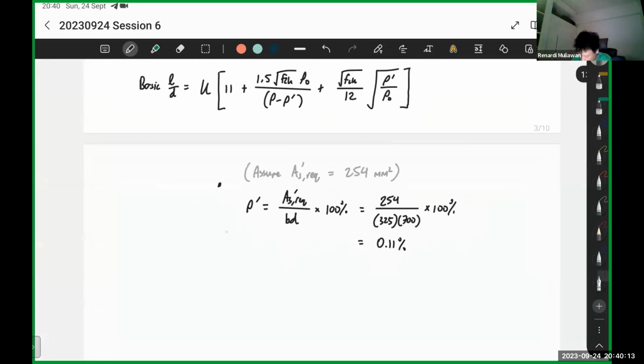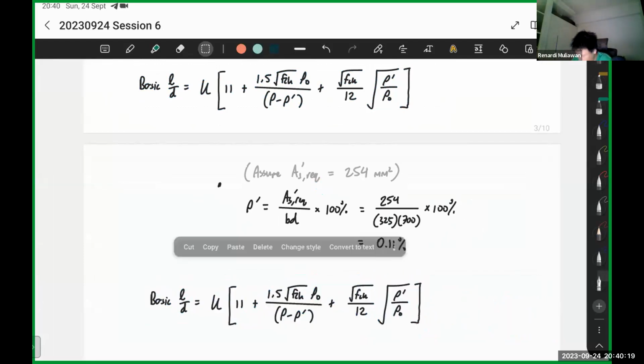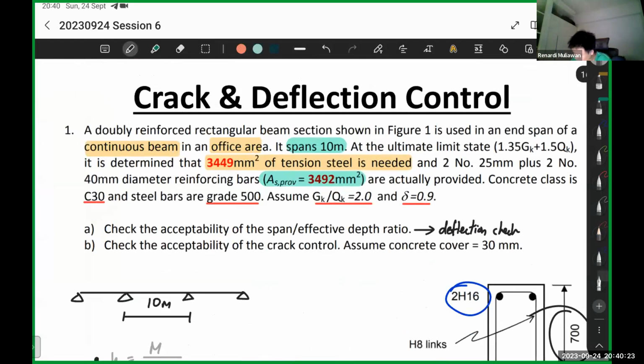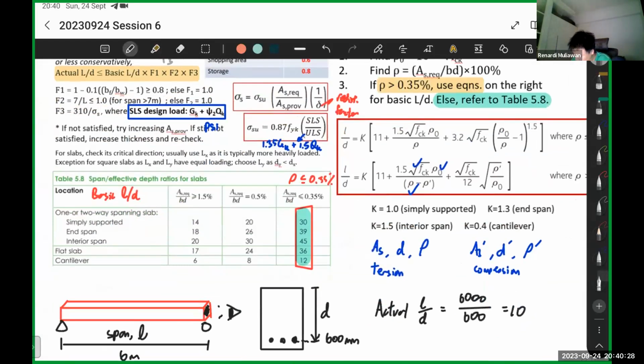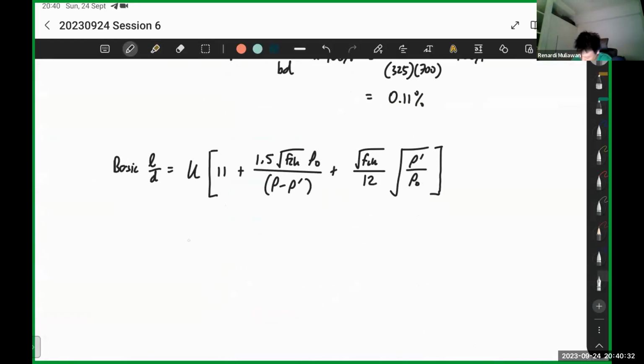Again, I'll copy this. Let's see the question again. It's an end span of a continuous beam, so for end span, K is 1.3.